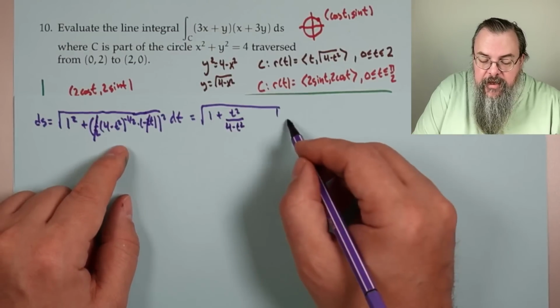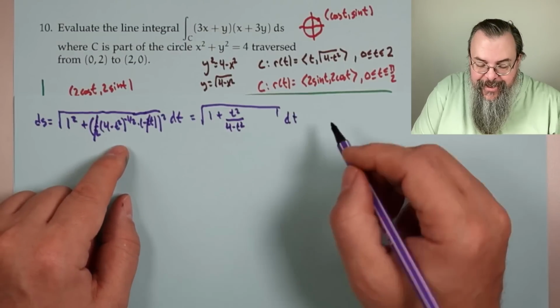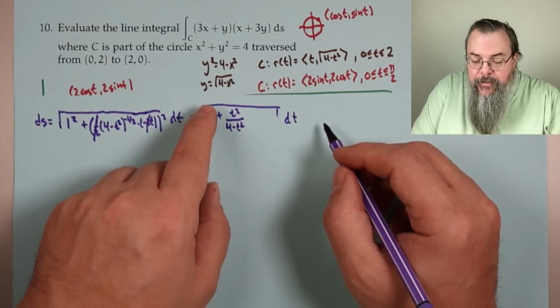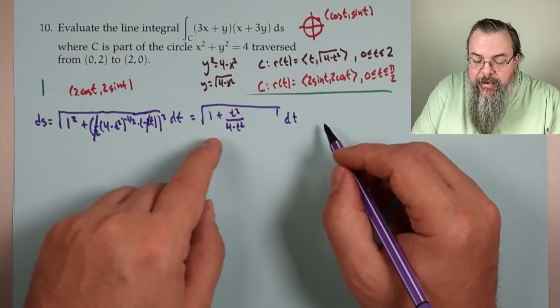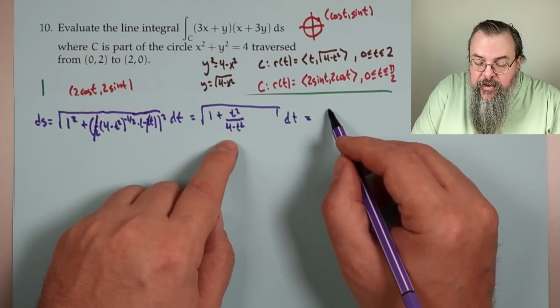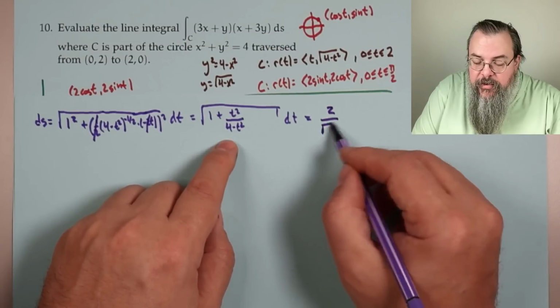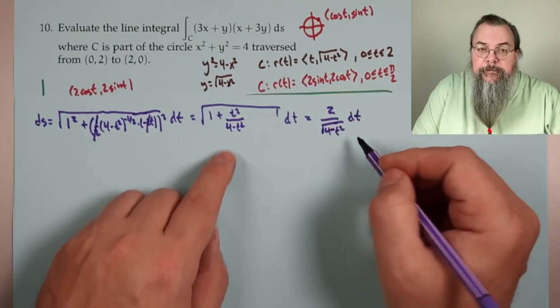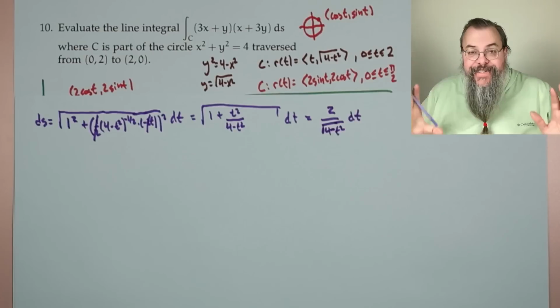All right, well, common denominator is 4 minus t squared over 4 minus t squared. 4 minus t squared plus t squared divided by 4 minus t squared would give us square root of 4, which is 2, over square root 4 minus t squared dt. Okay, so that's our ds.